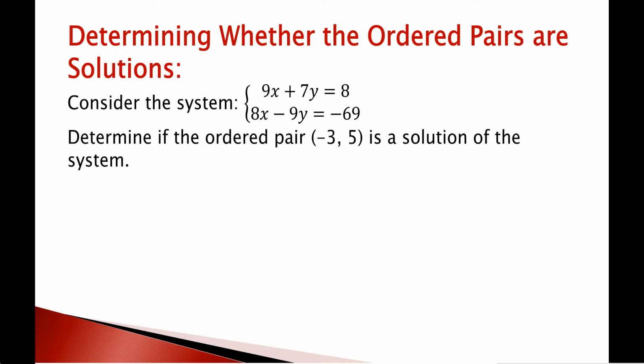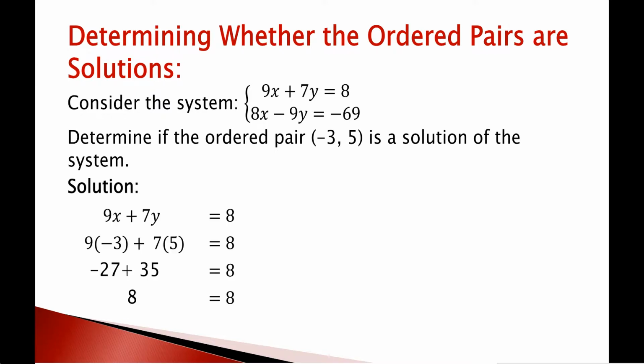In order to solve this problem, first take the first equation 9x plus 7y equal to 8 and plug negative 3 in for x and 5 in for y into this equation. And then solve this. After solving, we find 8 equal to 8, that is my left hand side is equal to right hand side. If my left hand side is equal to right hand side, then this ordered pair negative 3, 5 satisfies my first equation.